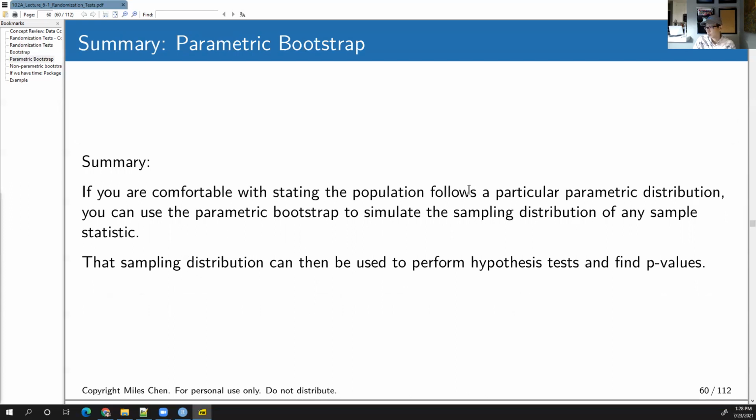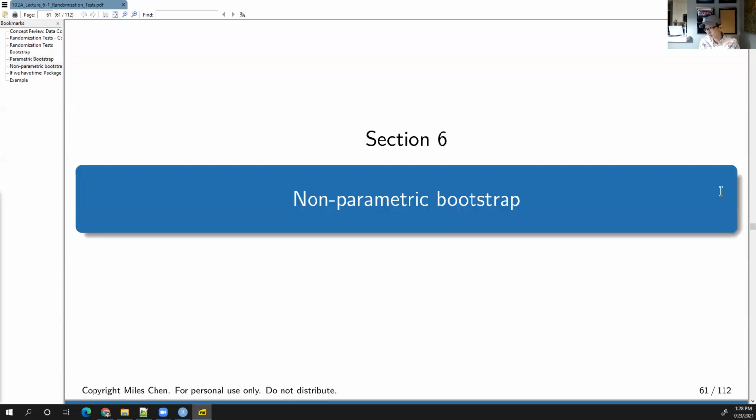But you have to be comfortable saying that the population is normal, or uniform, or chi-squared, or a t distribution, Weibull, whatever theoretical distribution, and making that claim about the values we're going to have.